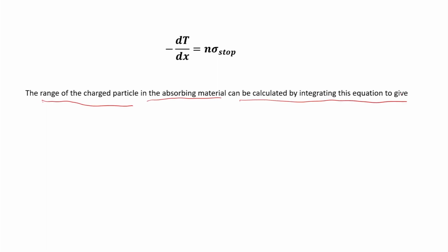You can calculate it by integrating this equation. So, R is the integral of dx from 0 to R. When R is 0, the energy transfer is 0. So, we can write R as the integral of dx, and this gives me R equal to minus the integral from T to 0 of dT by n sigma stop.